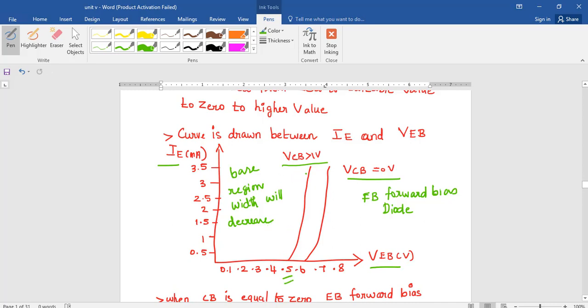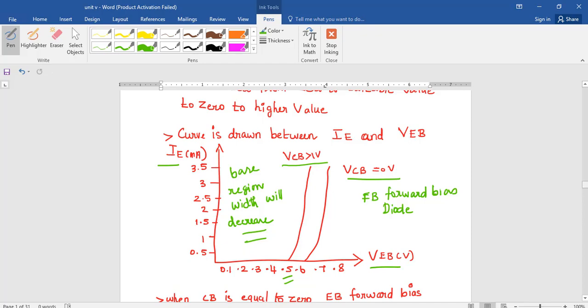In previous characteristics, we have seen that there is an increase in the width, and hence the curve will shift right. Here, the width will decrease, and hence the curve will shift to left. This is your input characteristics.